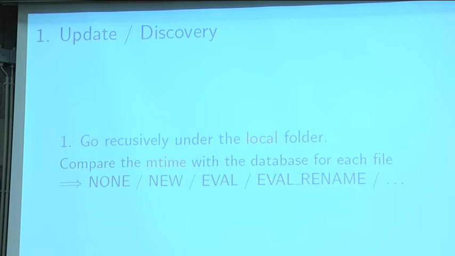So mtime here means modification time. If the modification time has changed, we assume we need to synchronize it. If it hasn't changed, then it's fine. We don't need to synchronize it. So at this point, we only look at the database and the local file system.